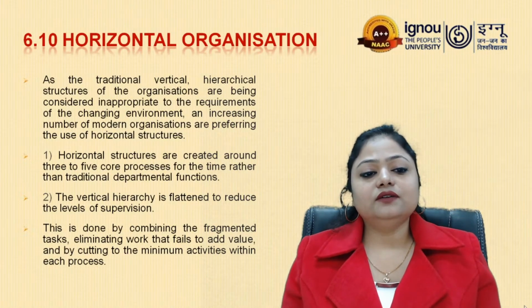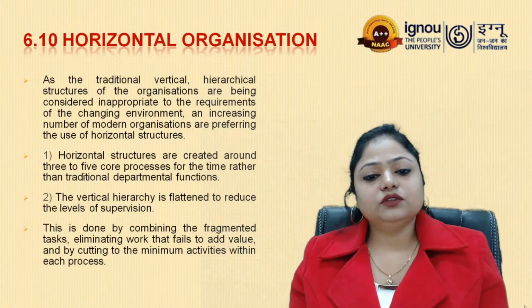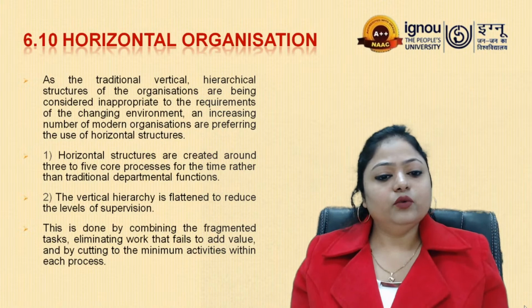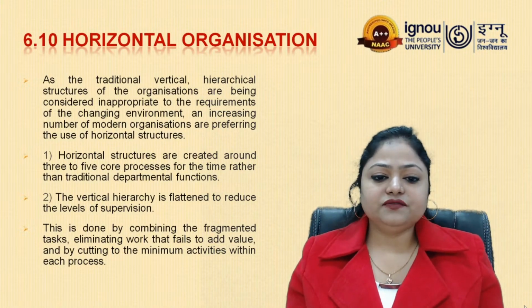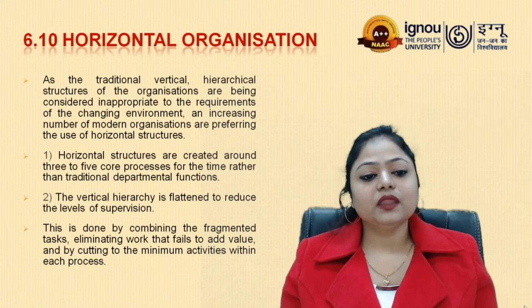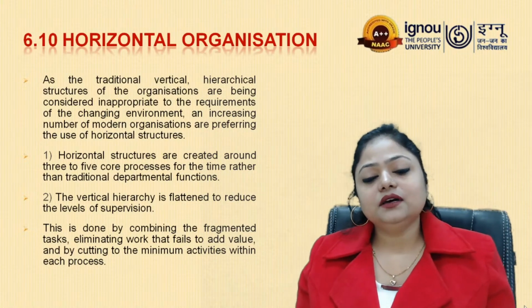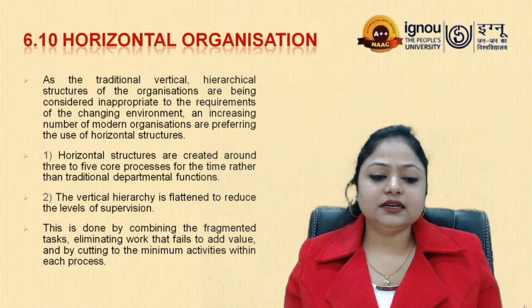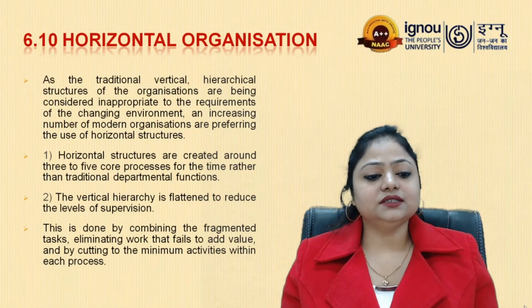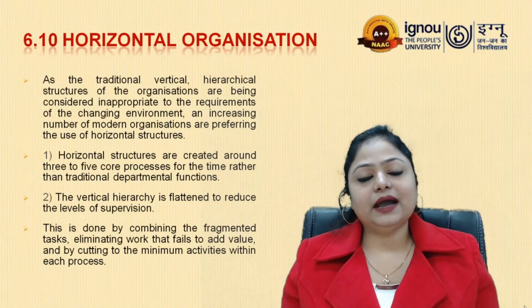These are created around three to five core processes rather than traditional departmental functions. The vertical hierarchy is flattened to reduce the level of supervision needed at different levels, by combining fragmented tasks and eliminating work that fails to add value to the entire organization.